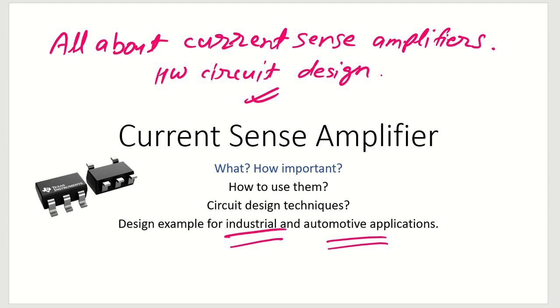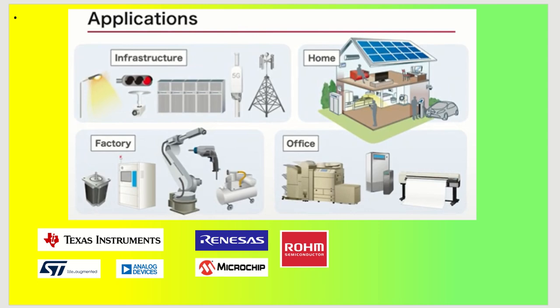So basically let us quickly see the different places where current sense amplifiers can be used a lot, okay? As you can see, in infrastructure, you have LED drivers or lighting controls or signaling schemes, or you have wireless base stations. Everywhere you need to be using current sense amplifiers.